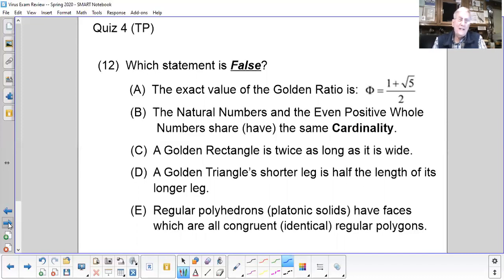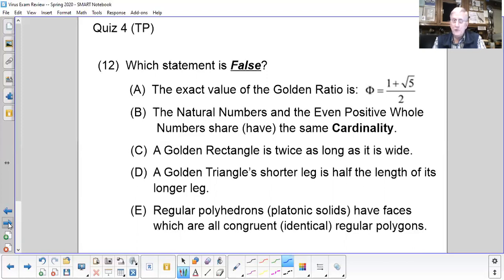A golden rectangle is twice as long as it is wide. A golden triangle's shorter leg is half the length of its longer leg. Regular polyhedrons, Platonic solids, have faces which are congruent, identical regular polygons. That's a true statement, you know that.